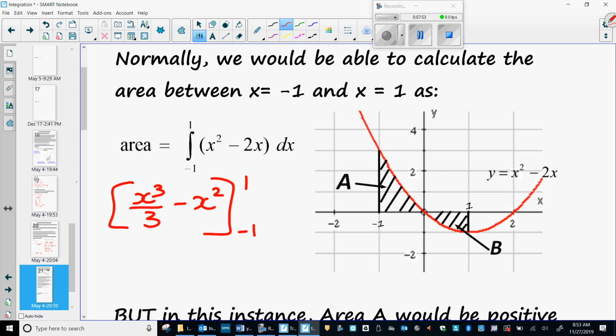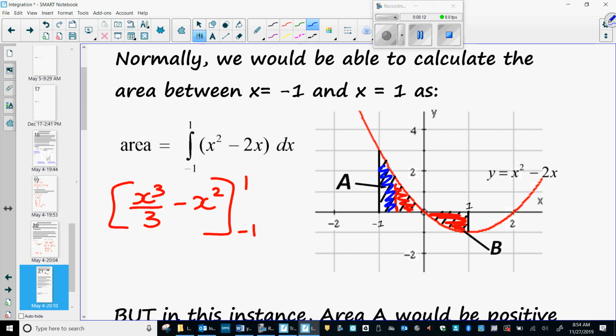And we just stuck these numbers in, what's going to happen is that this negative value is going to cut out a portion of the positive value. And so what we would end up with is just this amount here.